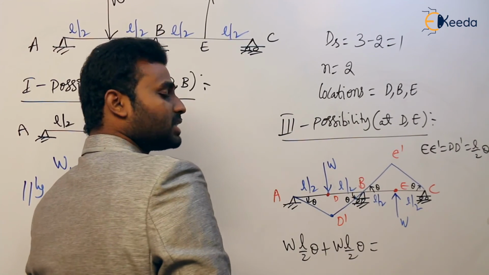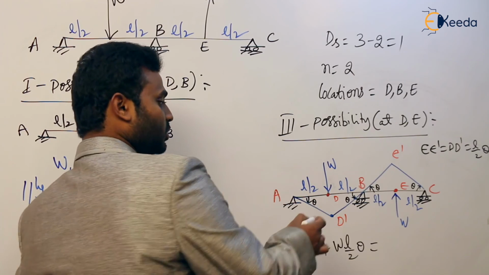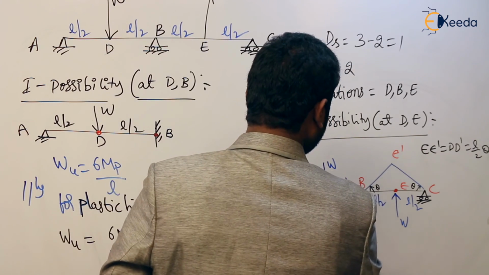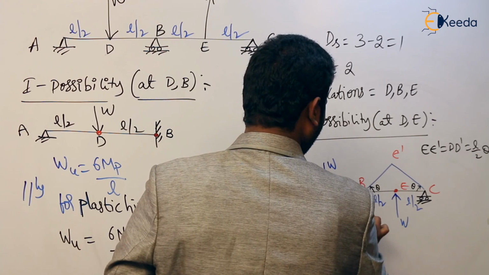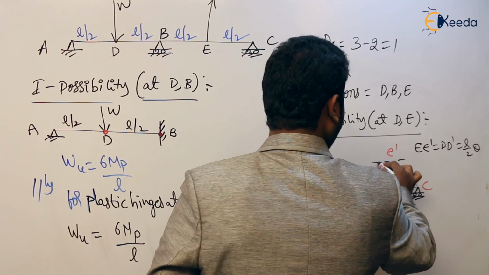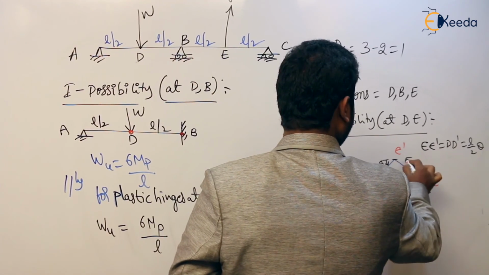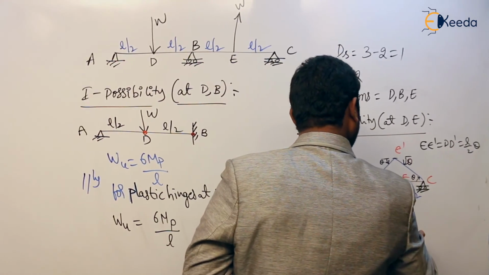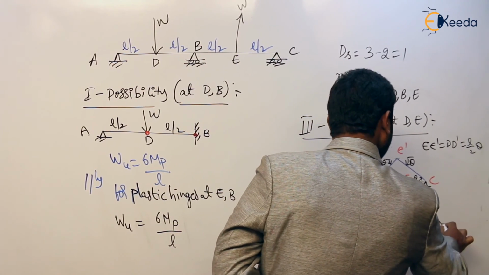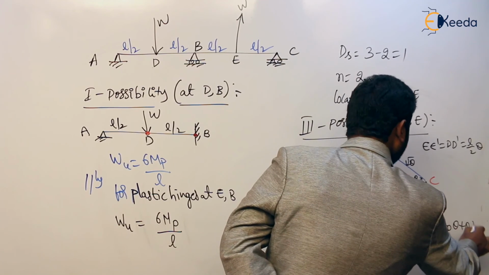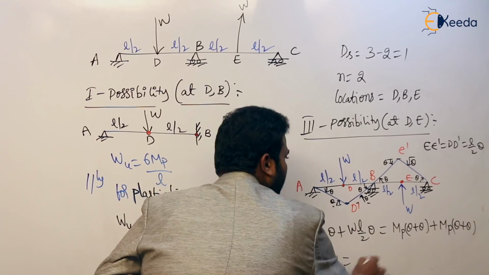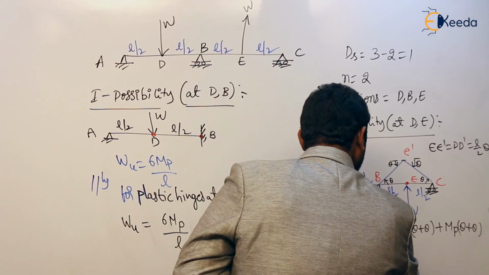Wherever the plastic hinge is formed, MP will develop. So the plastic moment makes theta and theta here, and the same at the other hinge. Total is MP theta plus theta plus MP theta plus theta. Finally, the left side is simply W L theta, and the right side is 4 MP theta.